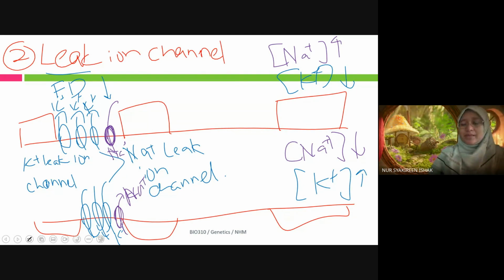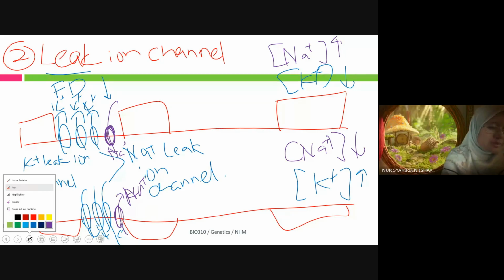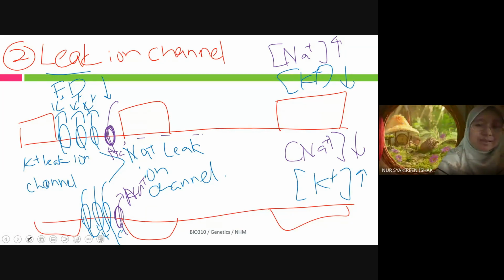Nampak tak? Okay. So when more potassium diffuse out of the cell, there will be more positive charge going out. So this causes the inside of the cell to be maintained negatively charged.